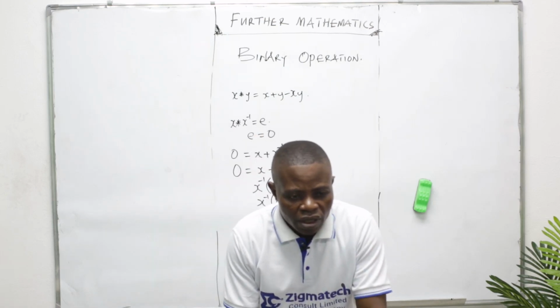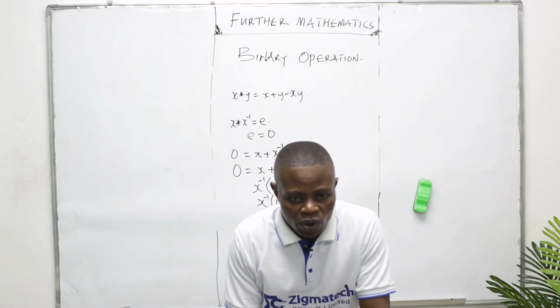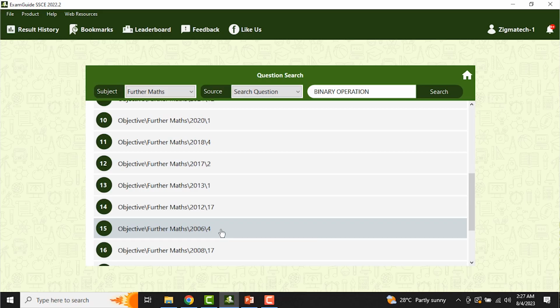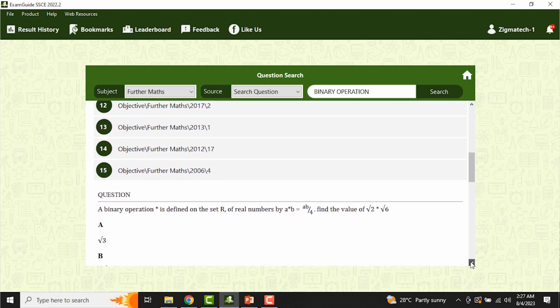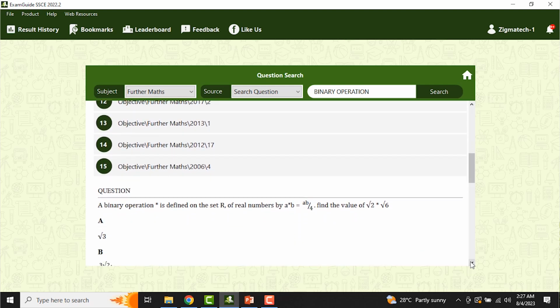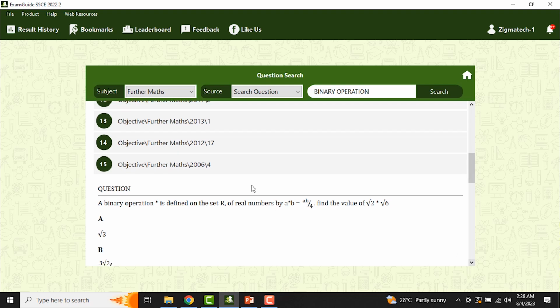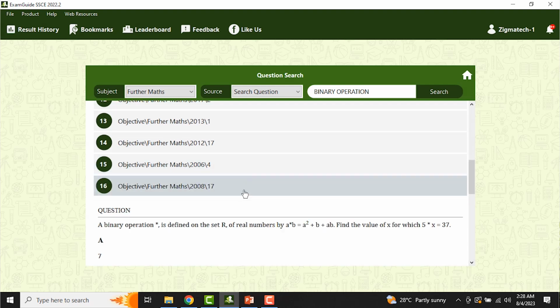Okay, let's go over to one more question. 2006. Find the value of x. We have done this type before. A binary operation is defined on the set R of real numbers by A operating on B equals A squared plus B plus AB.